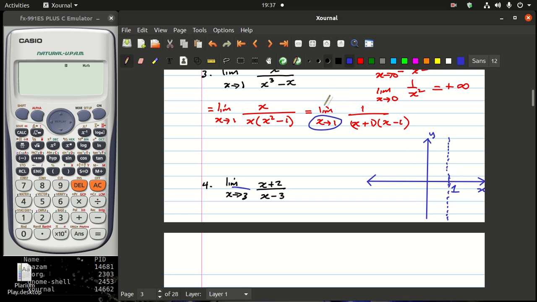To solve a limit, all you need to do is pick a value so close to 1 first, just on the right of 1. Remember that the value just on the right of 1 is bigger than 1.